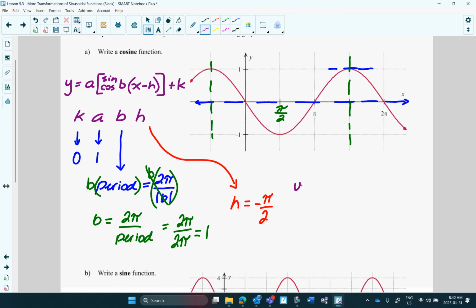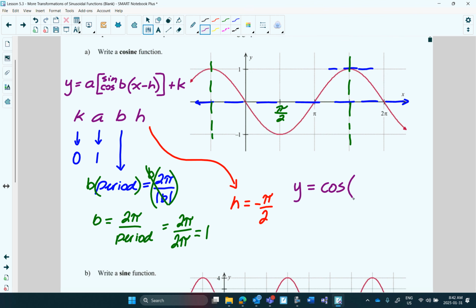So the graph is going to be y equals a, which is 1, which we don't have to write. Remember, it's a cosine graph. And then inside is b, which we don't have to write because it's also 1. But we do have to write the phase shift.